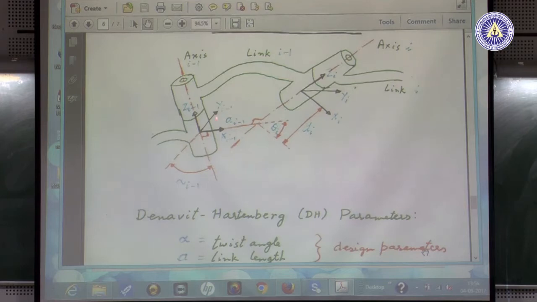Now, how do we represent the position and orientation together, called the pose, of this frame of reference with respect to this frame of reference, expressed in this frame of reference? That is, if somebody sits here at this frame of reference and tries to find out where that point is, then he has to say a distance: x coordinate along this direction, y coordinate along this direction, z coordinate along this direction, which will place this point.